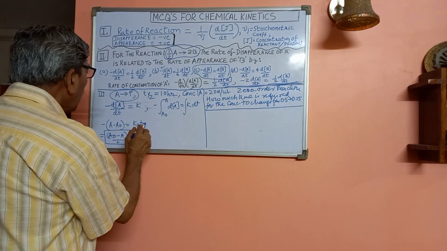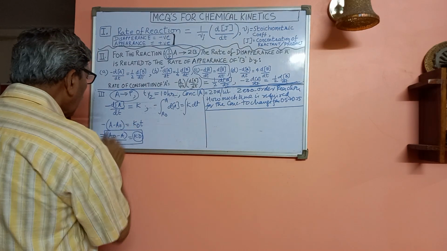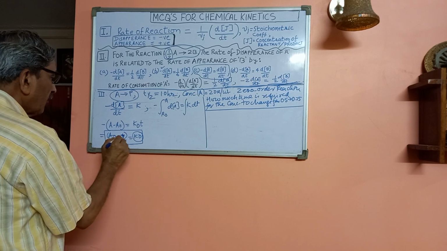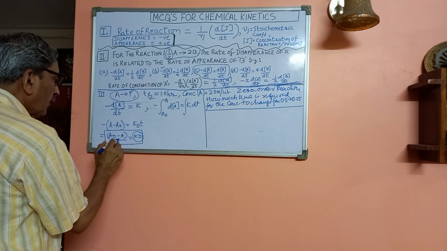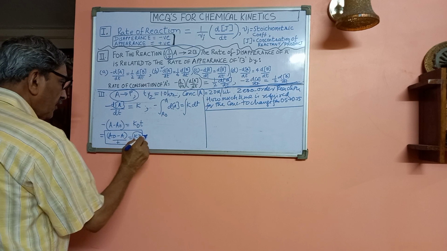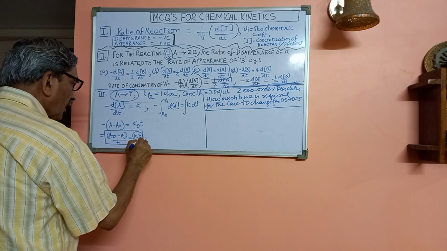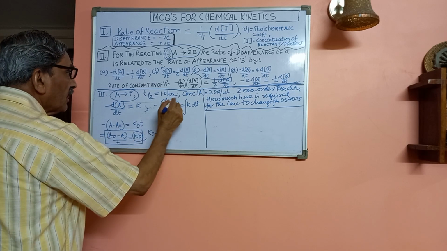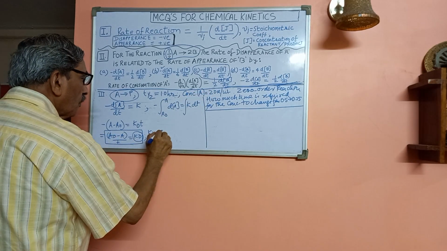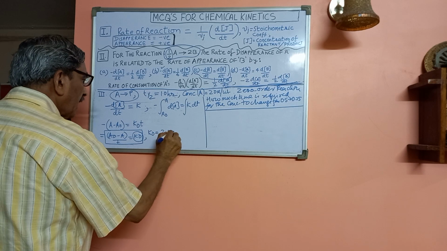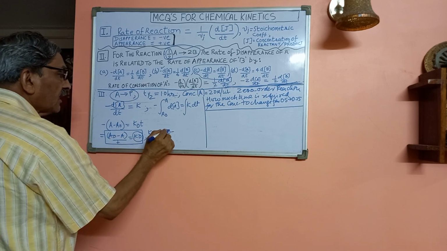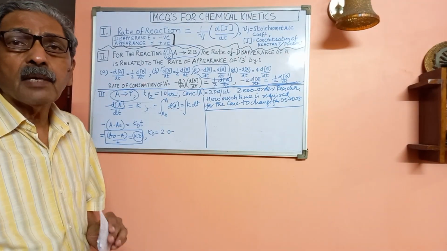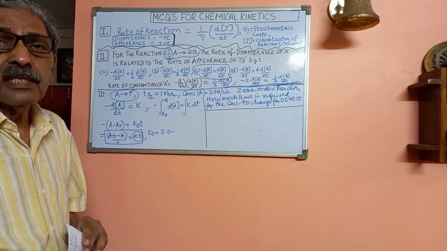Now we can use our t half over here. So if you put your t half and the values of a0 and a, remember that k0 is equal to a0, which is 2 moles per liter, minus a, which is nothing but the concentration when the reactant has become half, because at time t half the concentration is half.